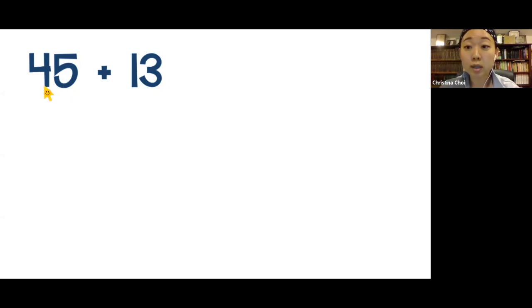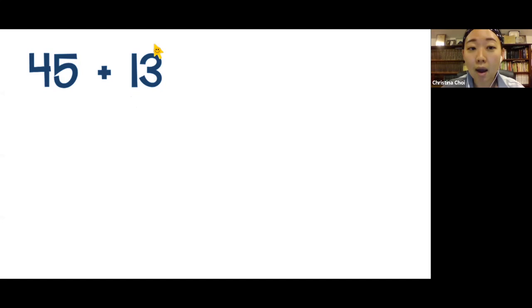What place value is the 4? Yep, the tens place. Okay, let's see for 13 if you can do that too. 3 is in the ones place. 1 is in the tens place. Just because it's 1 doesn't mean it's in the ones place. 1 is in the tens place.